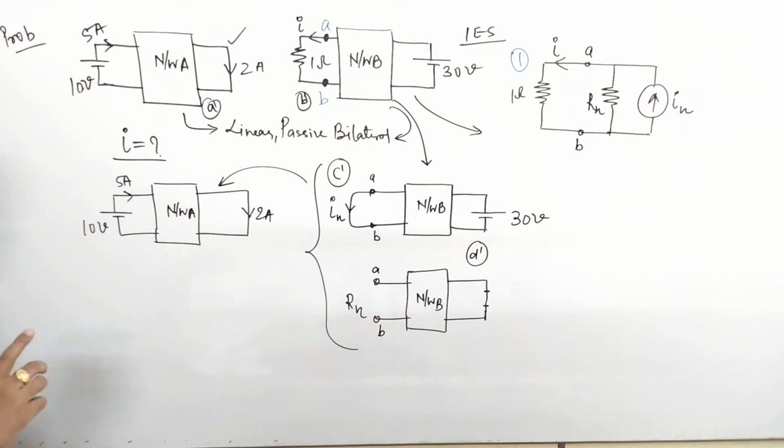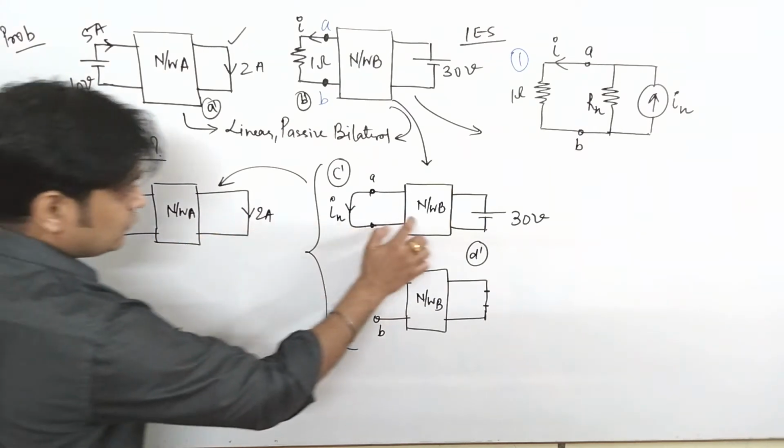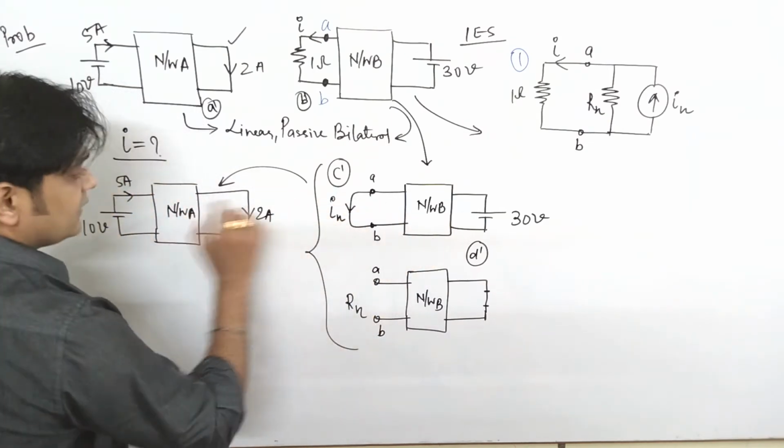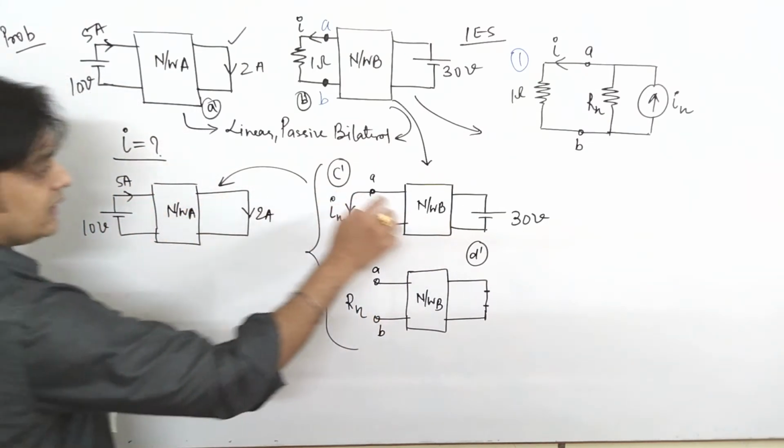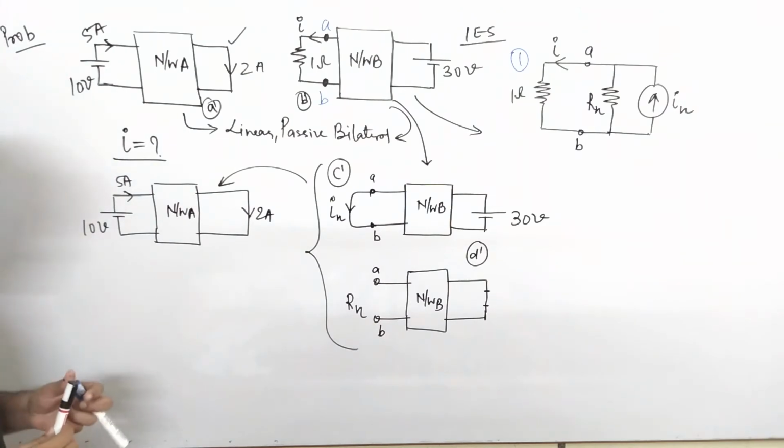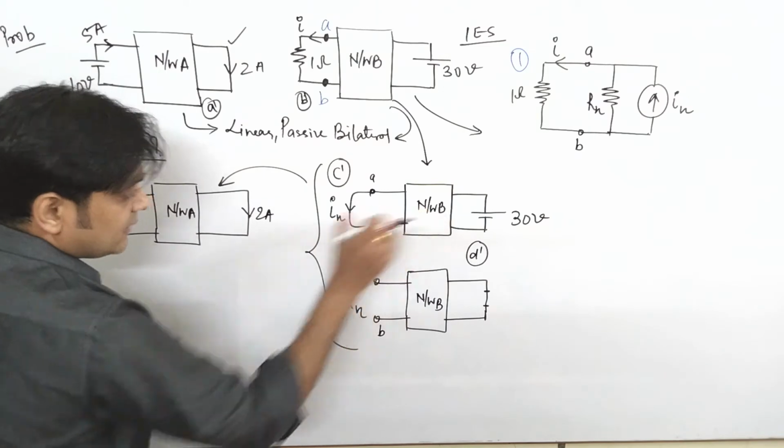Now the question is how we find the value of In. If you compare these two networks, as I said, this is network B, this is network A. Networks are reciprocal in nature, so the concept of reciprocity is applicable here.